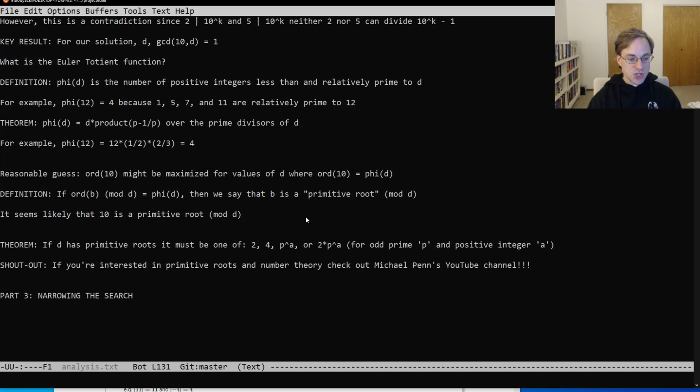But we haven't actually given strong evidence that this is the case. So we're going to do that now. So let's suppose that 10 is not a primitive root mod D.